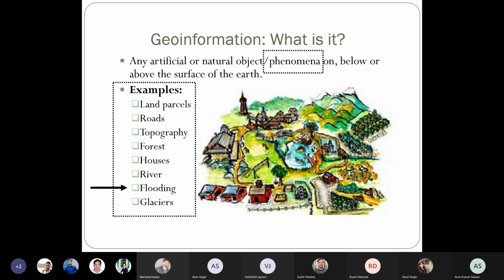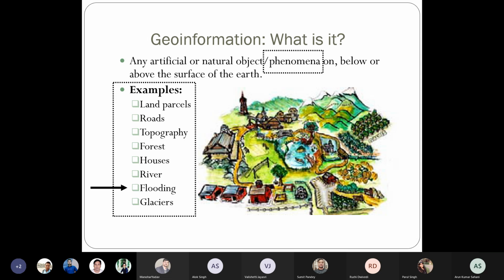So there is a list of geoinformation written over here, and you can see it in the diagram as well. Like land related information, so different land parcels which we can see in the urban colonies. Then the road network, which is a kind of artificial object. Then topography of the surface and forest cover, which are natural objects.